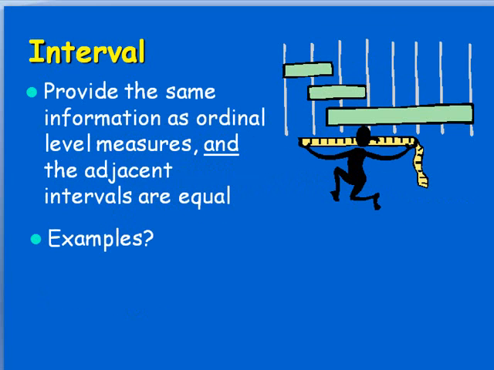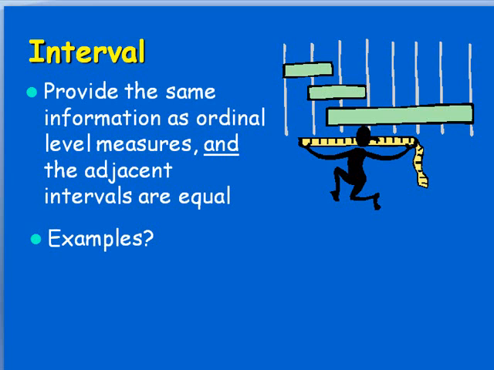Interval level variables provide the same information as ordinal level variables, and then in addition, the intervals between the observations are equal. So again, pause the tape, see if you can come up with some examples for that.